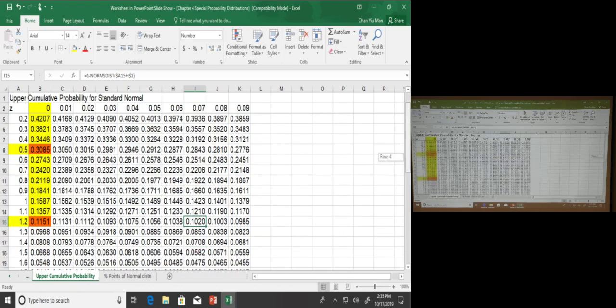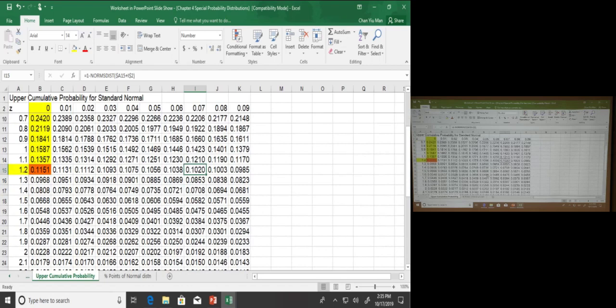So here and here, these two numbers are the probabilities. What is the z value? Give me 0.0505. That one is 1.64. The chance of z greater than 1.64 is 0.0505. It's not my answer yet.